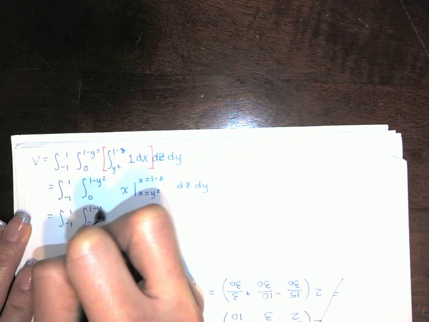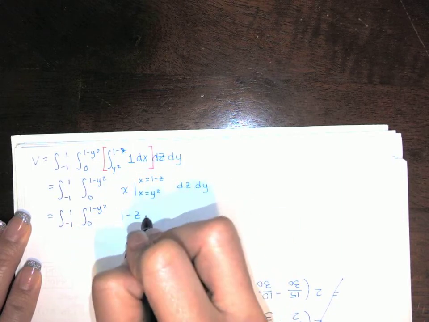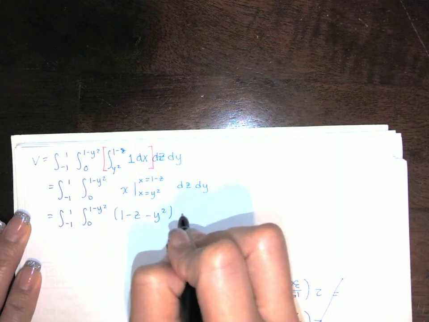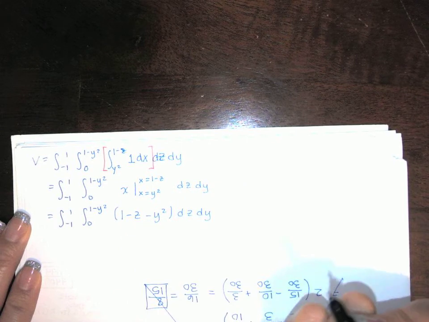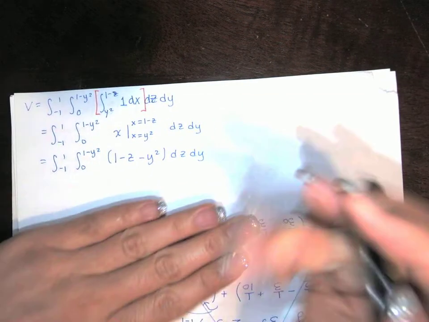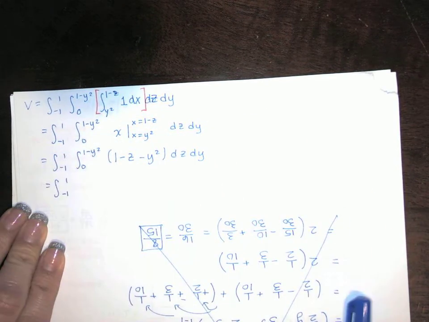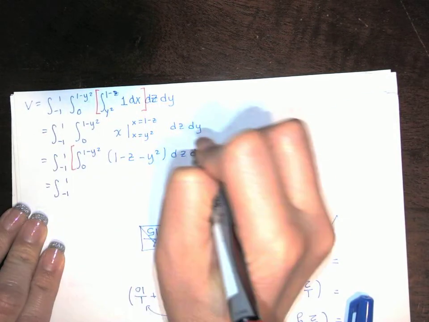According to the fundamental theorem, we get this evaluated at the upper bound minus this expression evaluated at the lower bound. Okay. Now we want to integrate with respect to z, treating y as a constant.